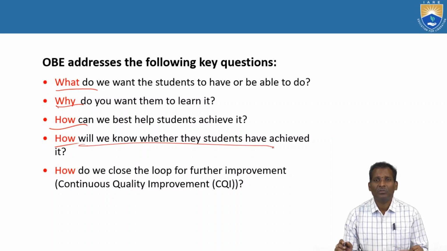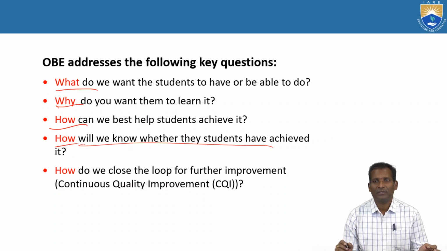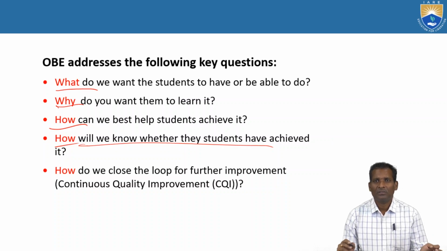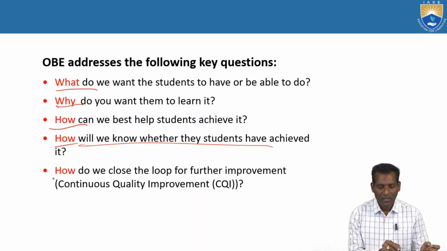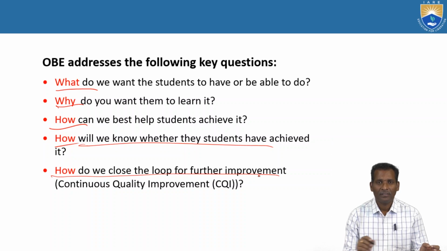How will we know whether the students have achieved it or not? How can you assess the students after completion of your course? How to test the students? What assessment methods are there? And then, how do we close the loop for further improvement?